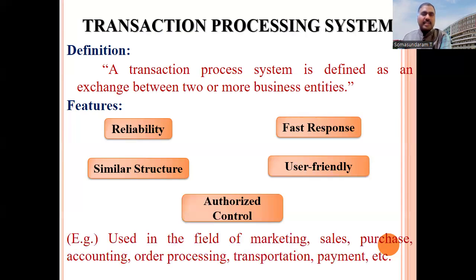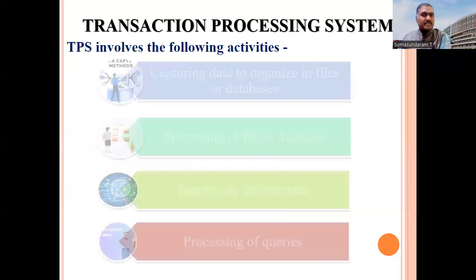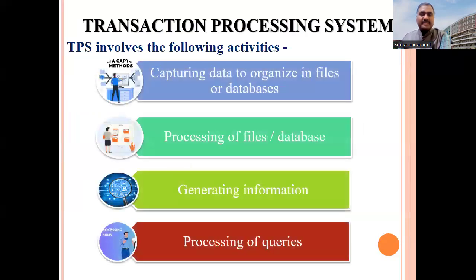So these are the features of TPS, and these are the areas where it is used effectively. Now, what are the activities involved? First, based on the entry, it captures the data and automatically it goes to the files or a particular database in the organization. At the end of the day, they process that file.